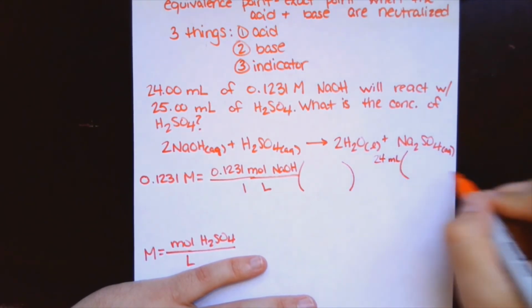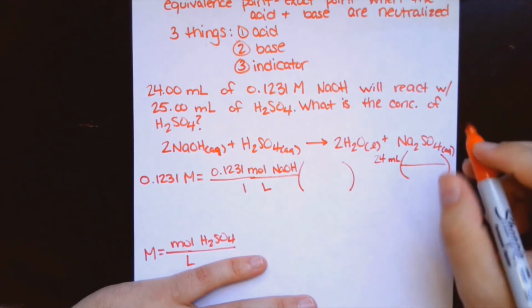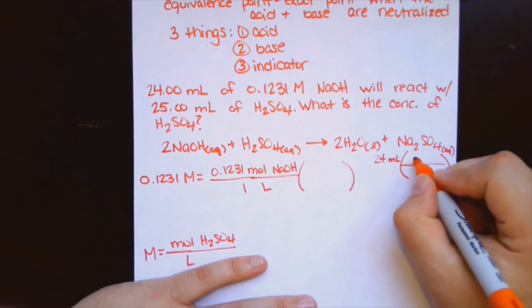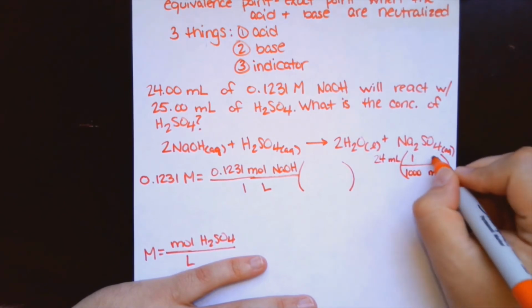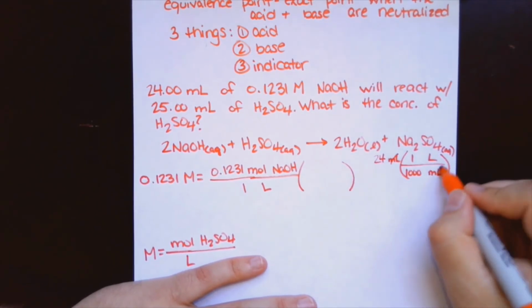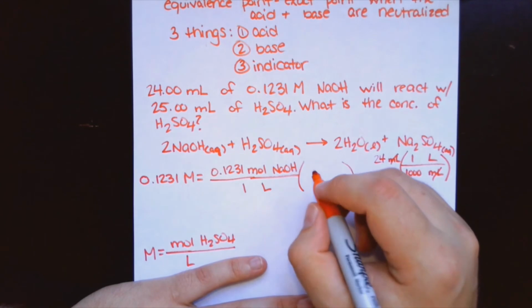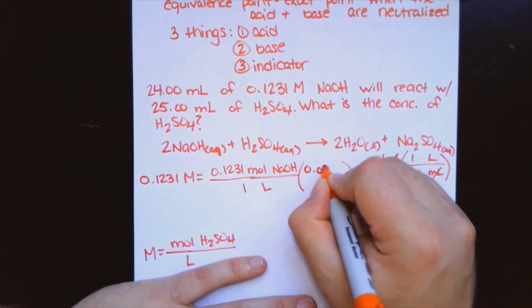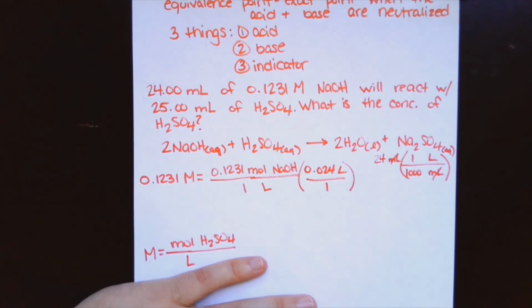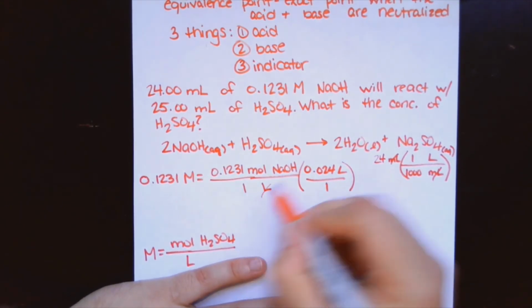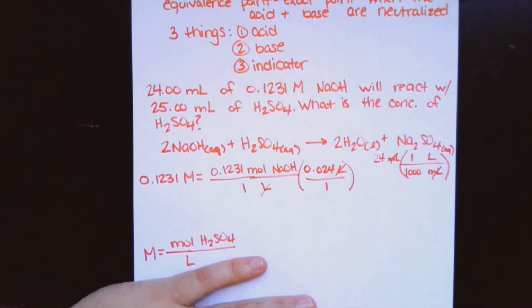Remember, there's 1,000 milliliters in 1 liter. So milliliters has to go on the bottom to get canceled out. 1 liter. Those units cancel out. So we're just dividing by 1,000. That gives us 0.024 liters. Well, I'm just going to put that over 1. Units of liters cancel out. That gives us moles of sodium hydroxide.